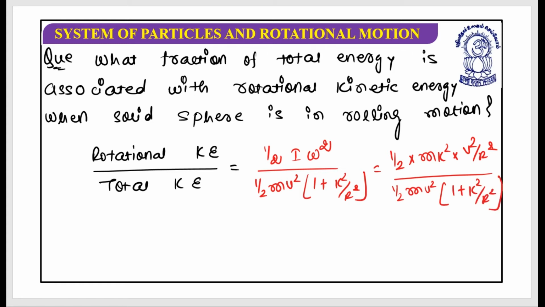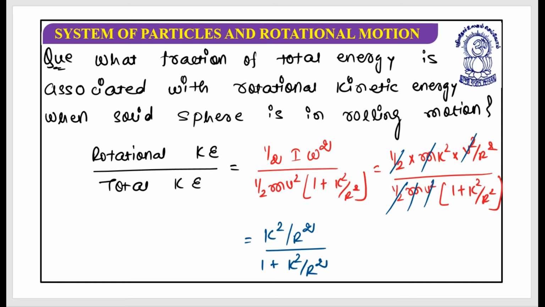If I check this, half cancels, m cancels, v square cancels. So I am left with k square by r square upon 1 plus k square by r square.